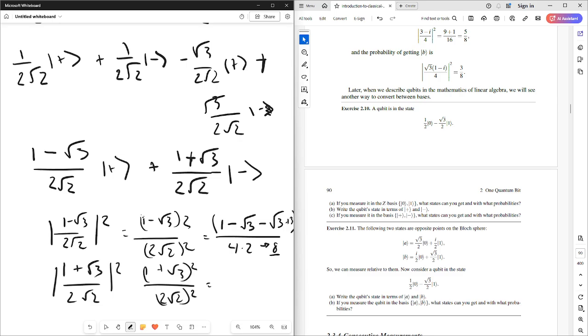Gives us 1 plus 3 plus square root of 3 plus square root of 3.